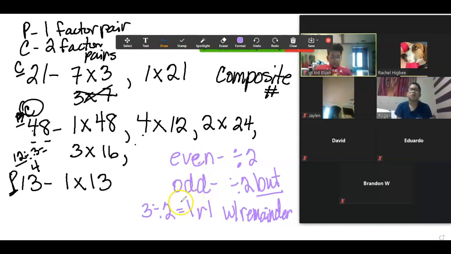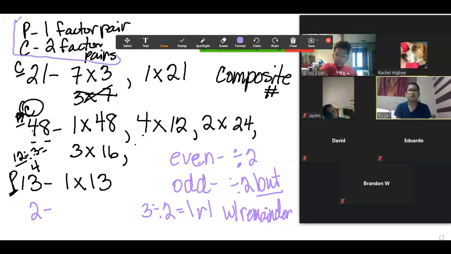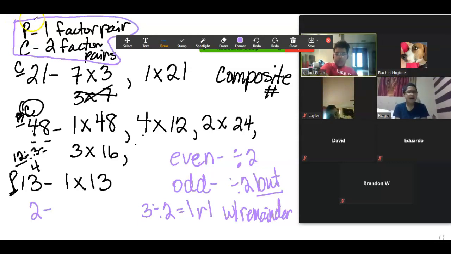So, as I said in the video, the number 2, I know that the number 2 is even, absolutely, but even and odd are not part of the prime and composite definitions. Look up here. Is there anything up here that talks about even and odd? No. Okay. Because this 2, what's the factor pairs for 2?